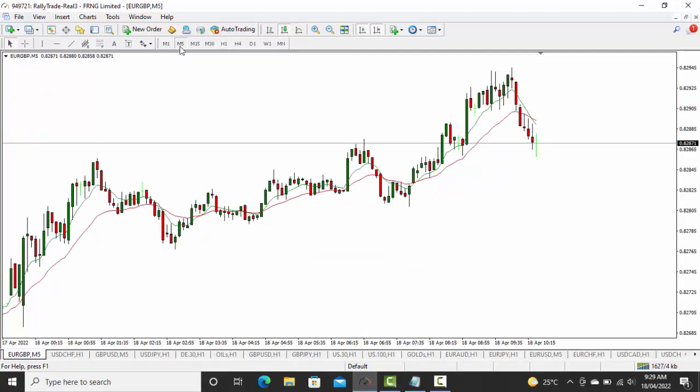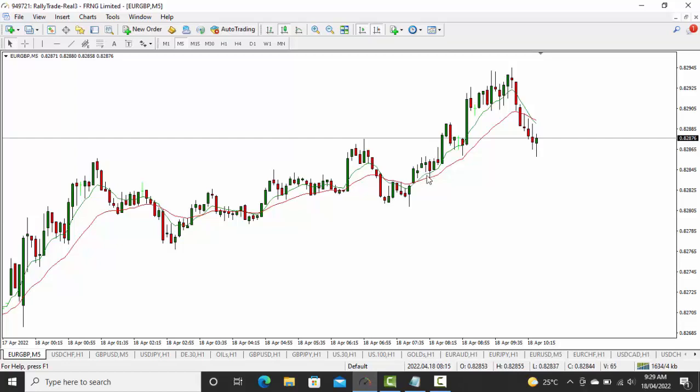What I'm seeing on 5 minutes should also correspond with what I have seen on the anchor chart, which happens to be the H1 time frame. So let's even assume we were there at the time the green here was above the red. What could we have done? I will share with us what the strategy looks like.